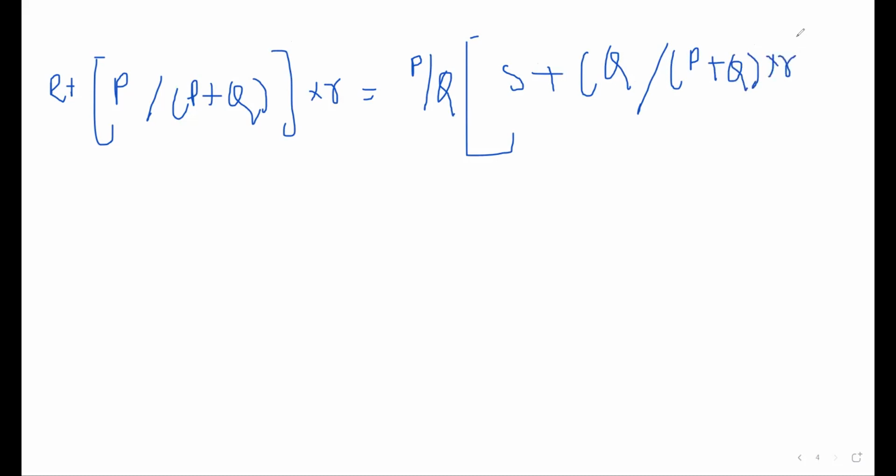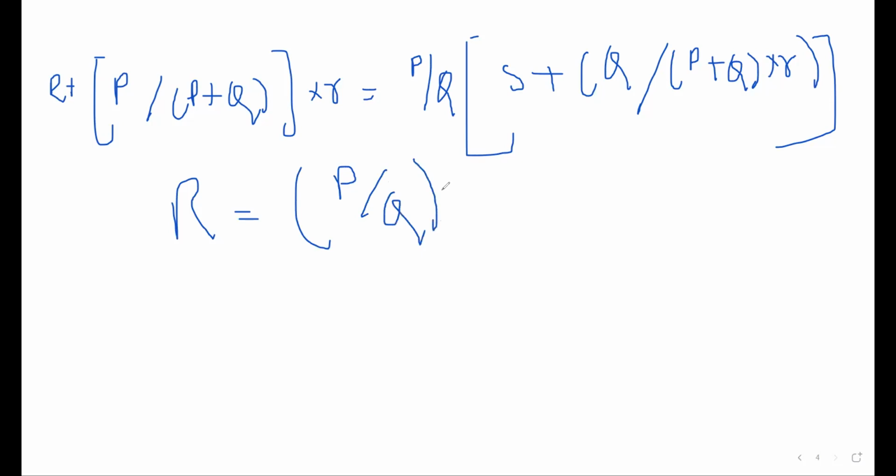This is my value of R1, R2, which I have put here. After solving this equation, I get R equals P divided by Q multiplied by S. This is my equation 2, and this is my unknown value of R.